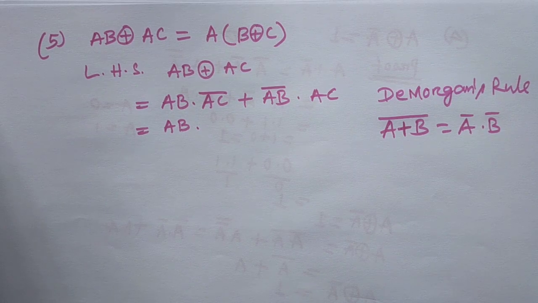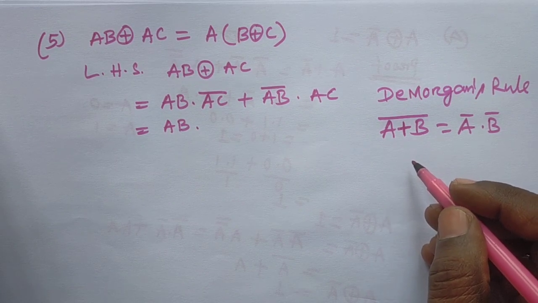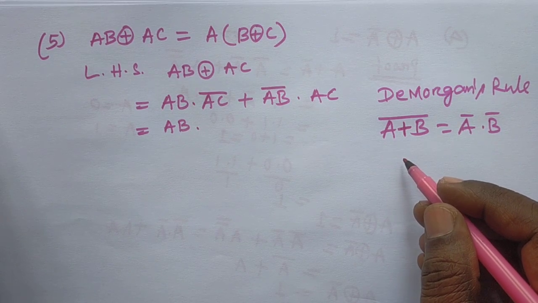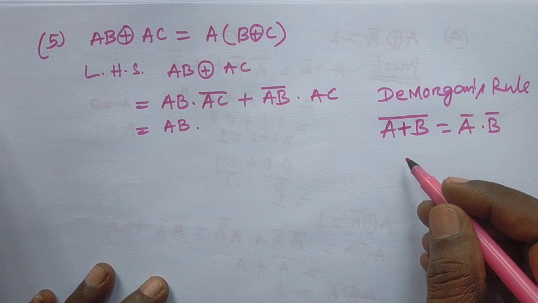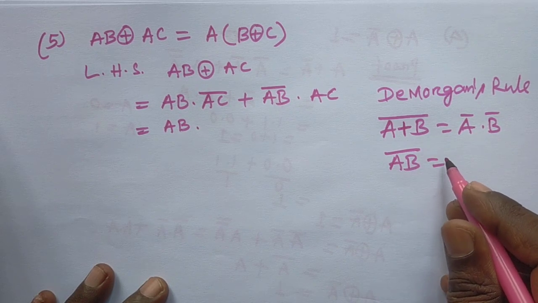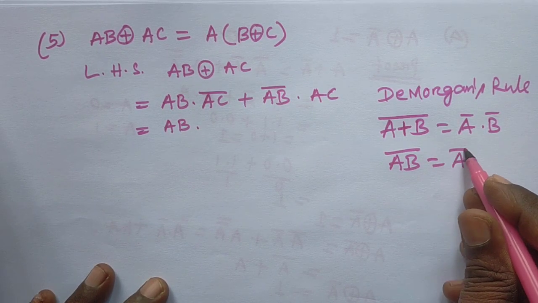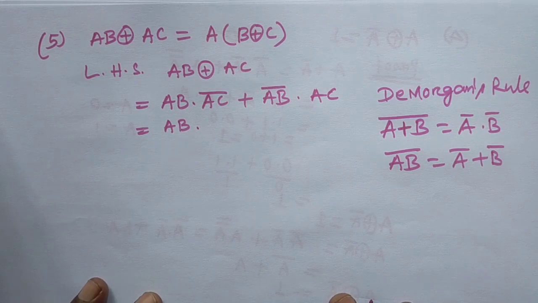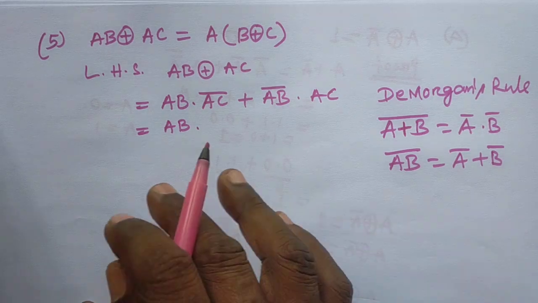Reverse also like this: (AB) complement is equal to A complement plus B complement. That is also true. This is De Morgan's rule. So that rule we just apply here.